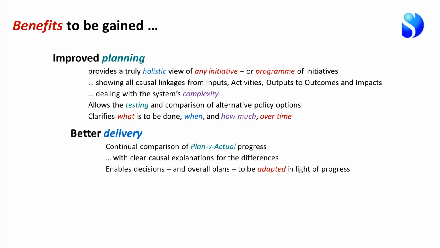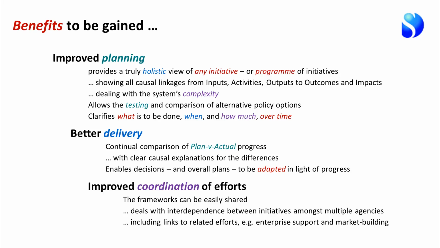And as you can see those differences emerge and the reasons for those differences, that allows you to change your overall plans and change specific decisions in the light of what that information is telling you. And the last major benefit is it offers much improved coordination of efforts.